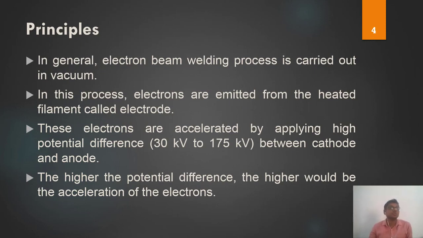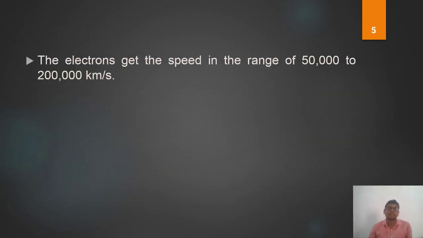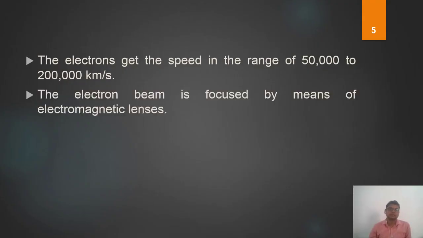It reaches up to 2 into 10 to the power 8 meter per second. So that much speed it gains. That's the great thing about it. That much speed it gets, meaning 70% of the speed of light, just remember this one. That's all.